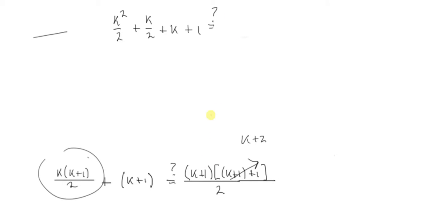So we have, we'll FOIL it out here, k squared plus 2k plus 1k, 3k plus 2, and this is all over 2.